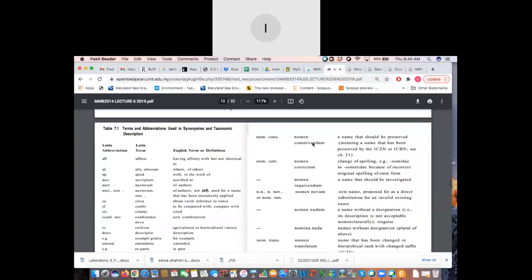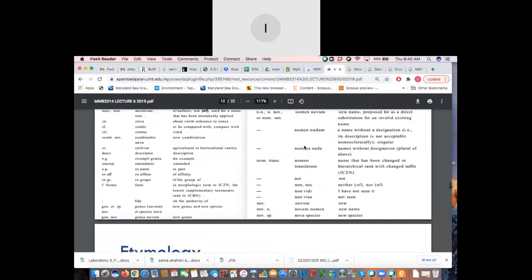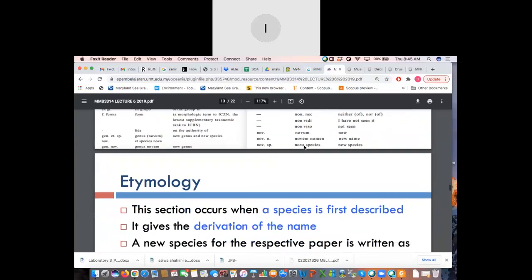Nomen conservandum is a species that needs to be preserved, especially if it is interchangeably used all the time, and we need to conserve an old name for this. Okay, so this is where nomen conservandum comes in. So I won't go into detail again, because only when you're encountering such species will you appreciate it better. But if you have any questions, you can always ask me, or you can check this list.